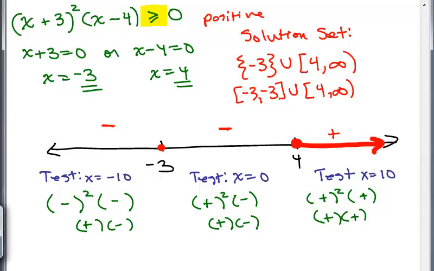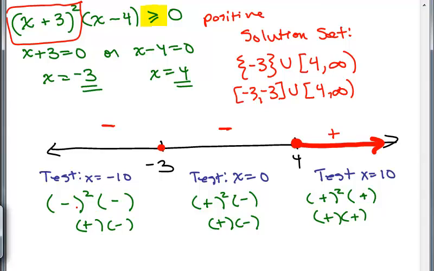Now I want you to look at this problem again. So keep in mind, here's our solution from -3 and 4 to infinity. Check it out. Right here, it says x plus 3 quantity squared. It really doesn't matter what I'm going to put in for x. Did you notice that whatever number ends up being in the parentheses, I end up squaring it, which will always be positive, except when x is exactly equal to -3, right?